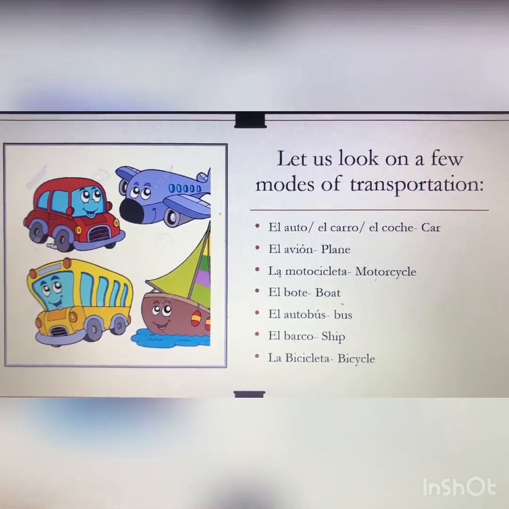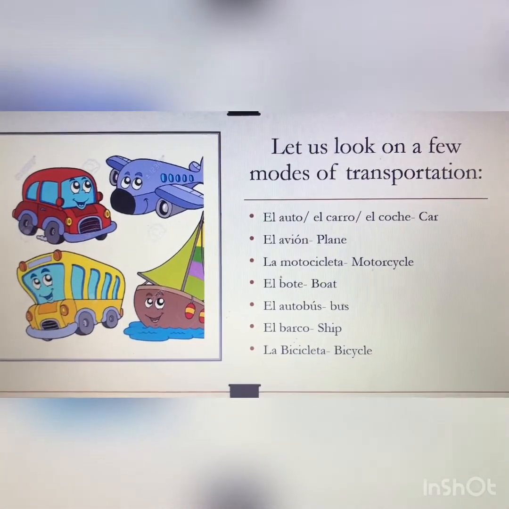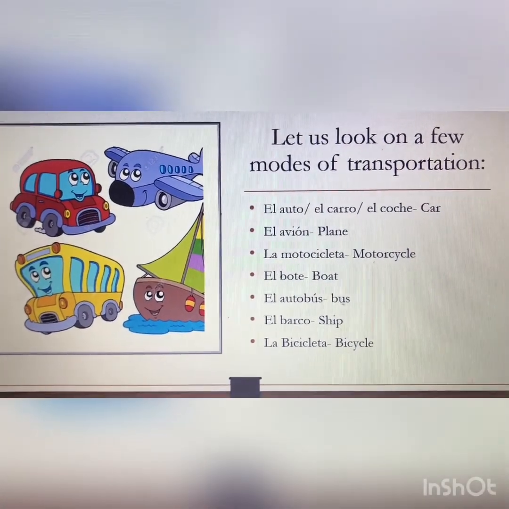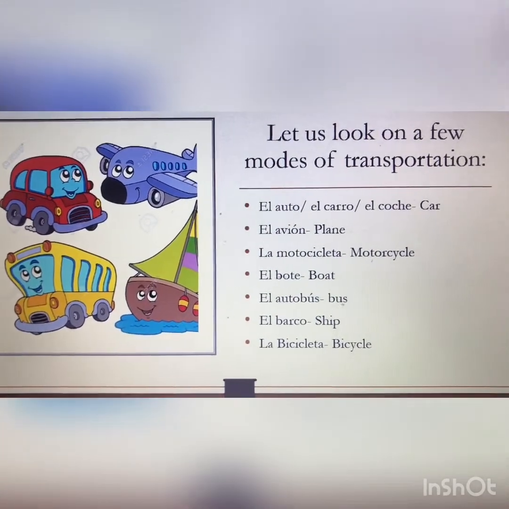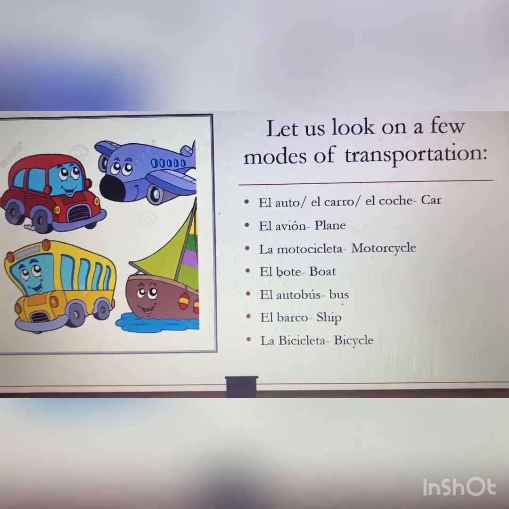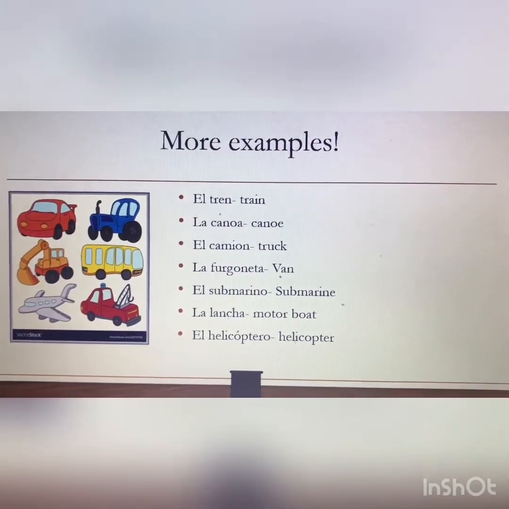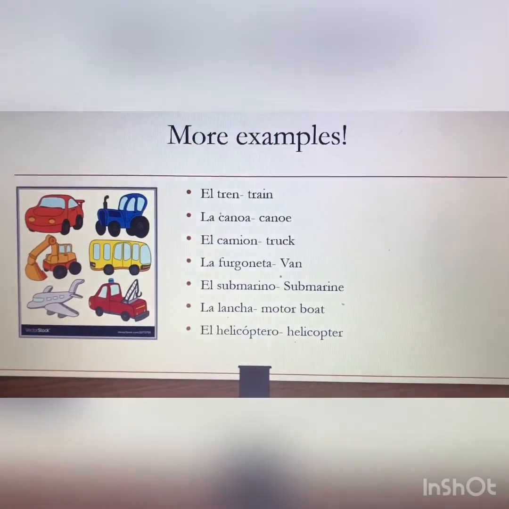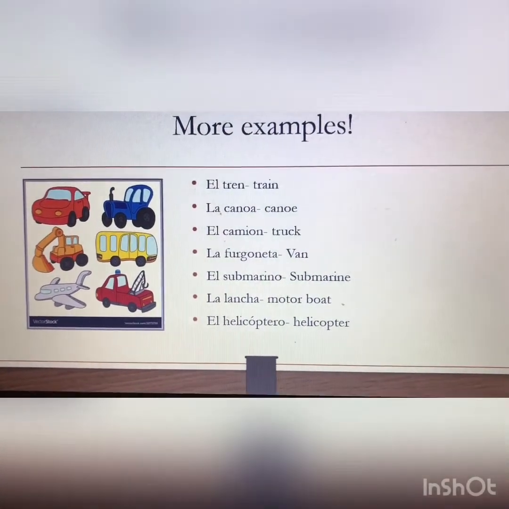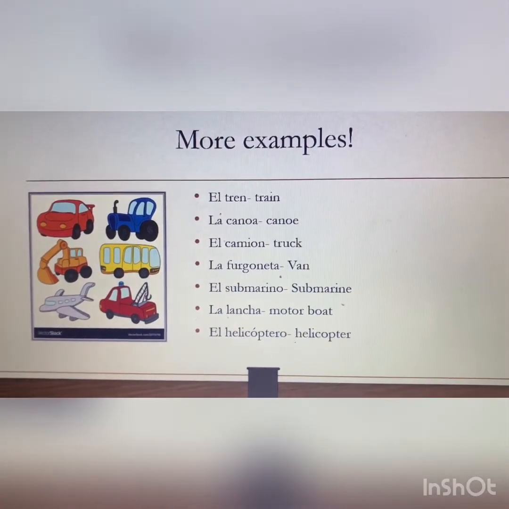So the first one is el auto, el carro, el coche, el avión, la motocicleta, el bote, el autobús, el barco, la bicicleta, el tren, la canoa, el camión, la furgoneta, el submarino, la lancha, el helicóptero.